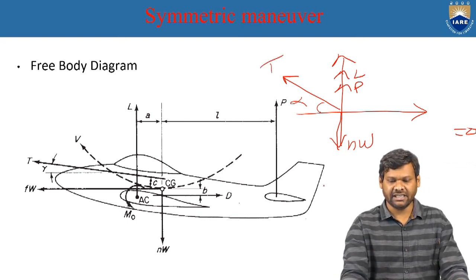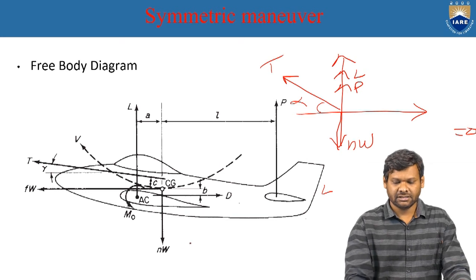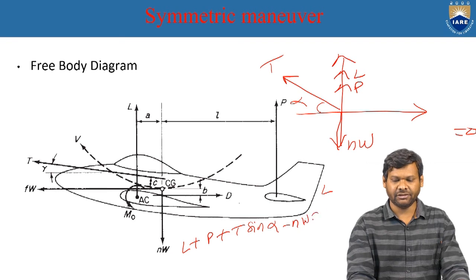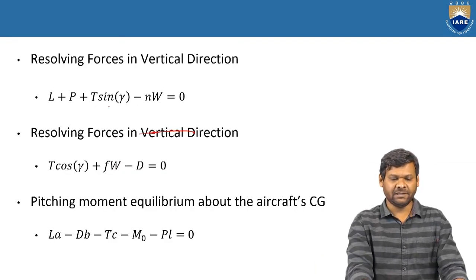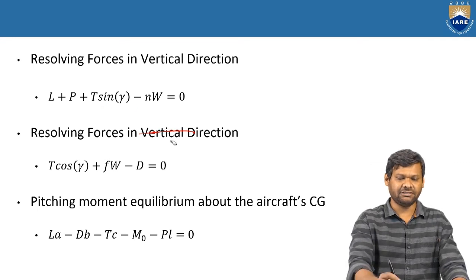Finally, what we can write is that L plus P plus T sine alpha minus NW equal to 0.